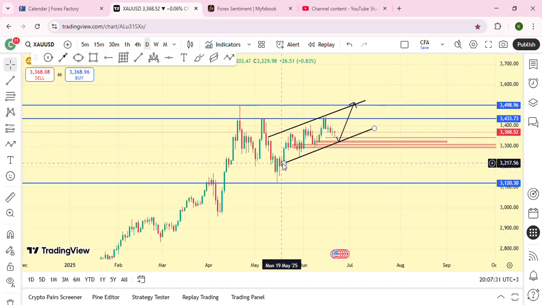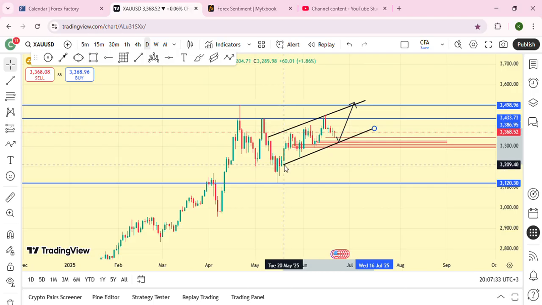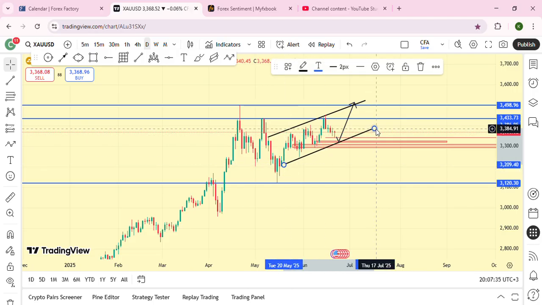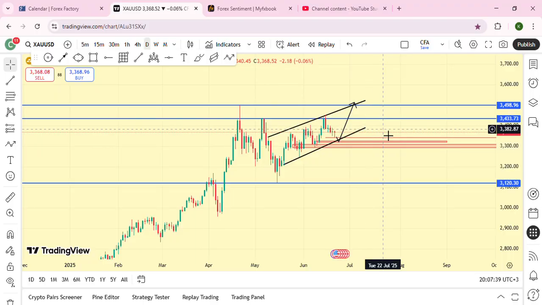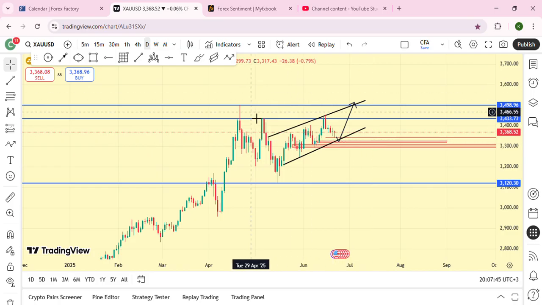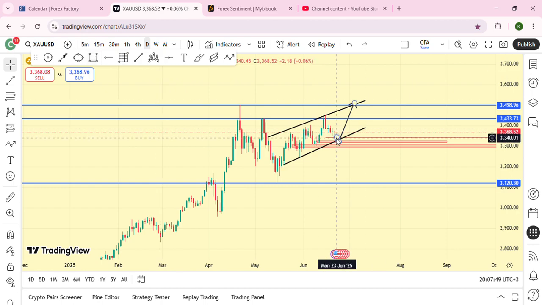As I said earlier, I was expecting the market to come to this level, give a touch on the trend line, and then go higher and grab all these liquidities over here. But the market failed to reach the point, and then it began to reverse.